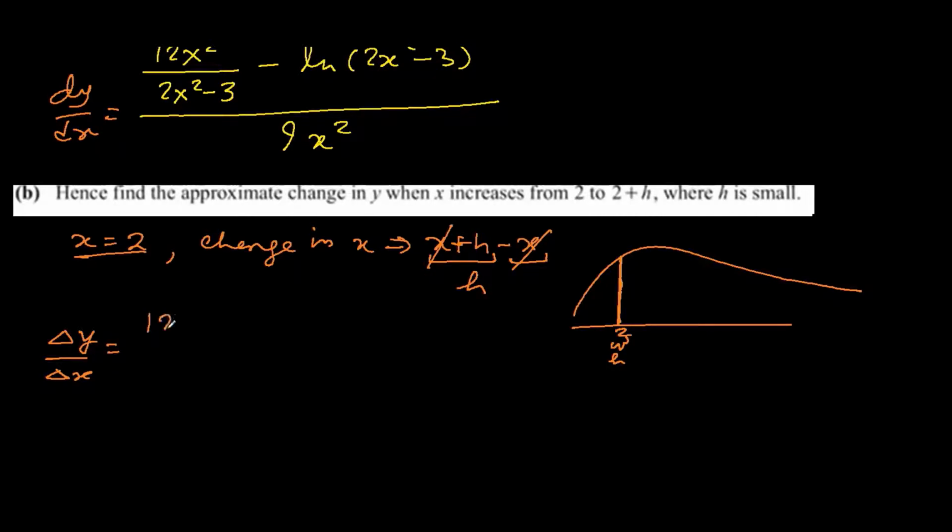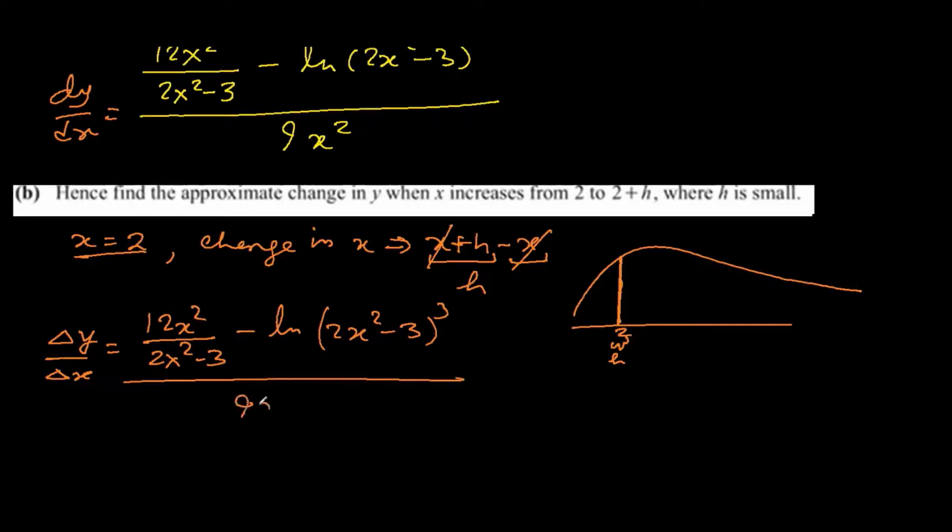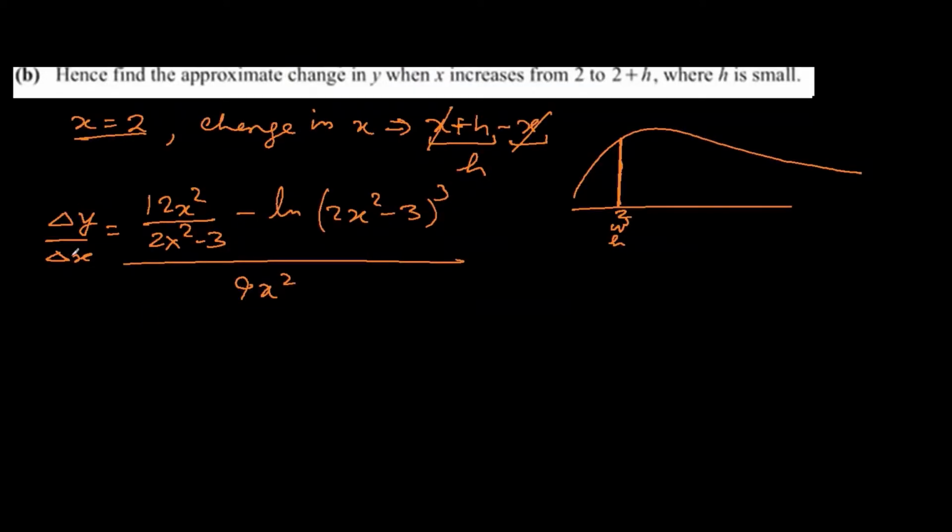So 12x square over 2x square minus 3 minus natural log 2x square minus 3 cube divided by 9x square. And now we know the x and we know delta x, the change in x, so we can substitute their values.